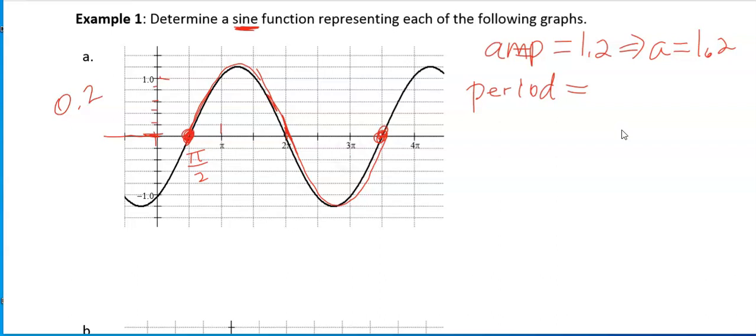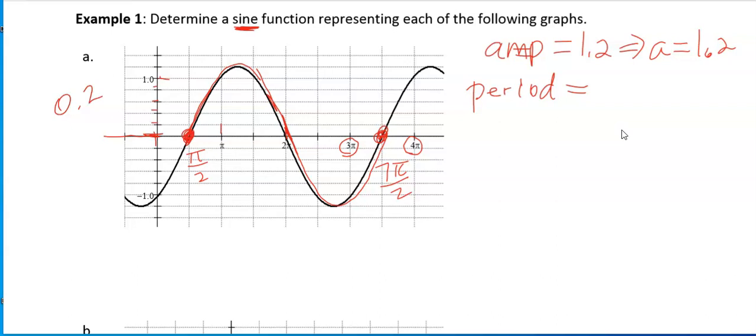Well, you've got 3 pi here, and you've got 4 pi here. So what's halfway between 3 pi and 4 pi? It's 3.5 pi, really, isn't it? Which is 7 pi over 2. Okay, you see that? Those are two corresponding points, and they're on adjacent parts of the curve.